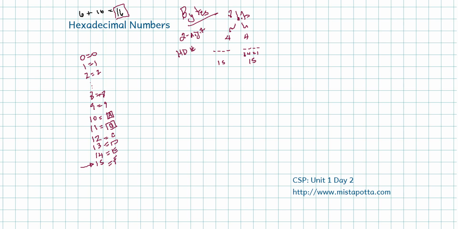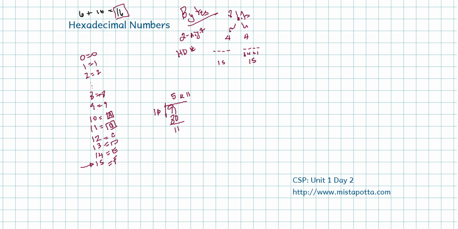So let's talk about 91, because that is the number that we've been using throughout today's lesson. So if I was to take 91 and divide by 16, I know that 16 goes into 91 5 times, and that's because 5 times 16 is 80. And that's going to leave me a remainder of 11. And this is one of our troublesome numbers.